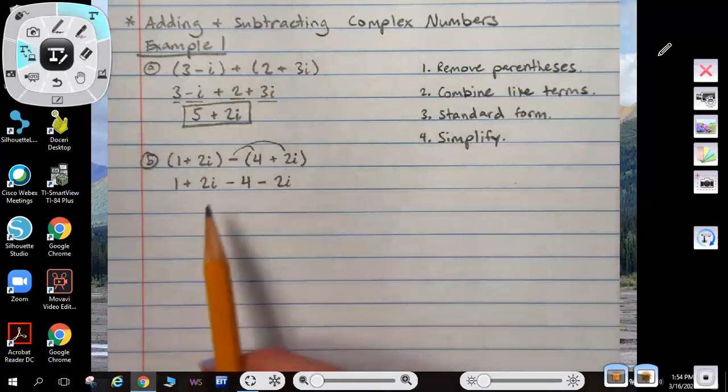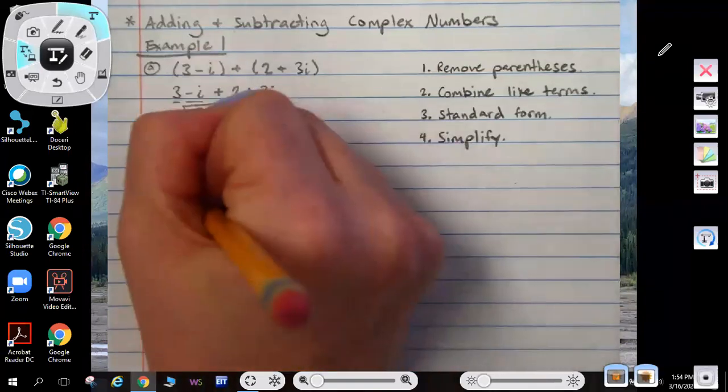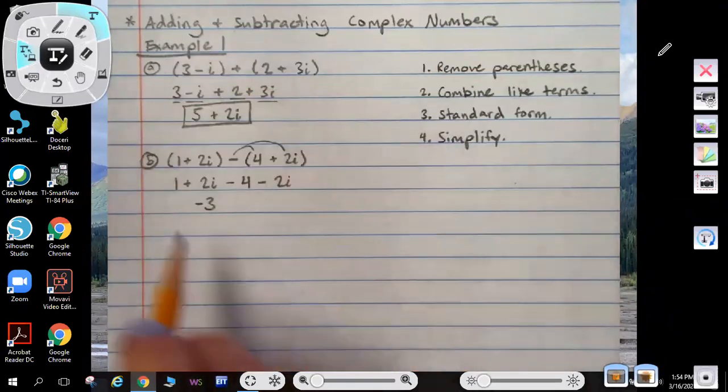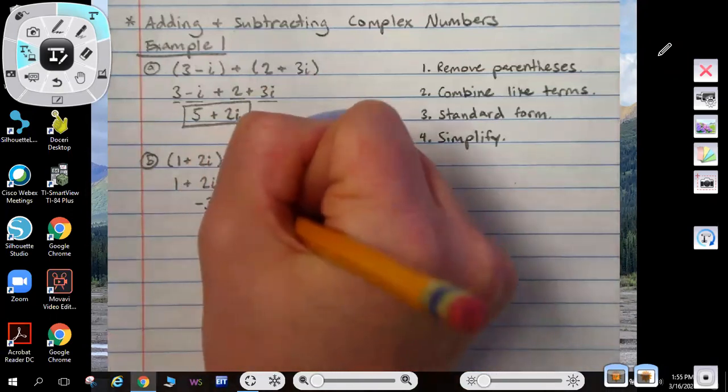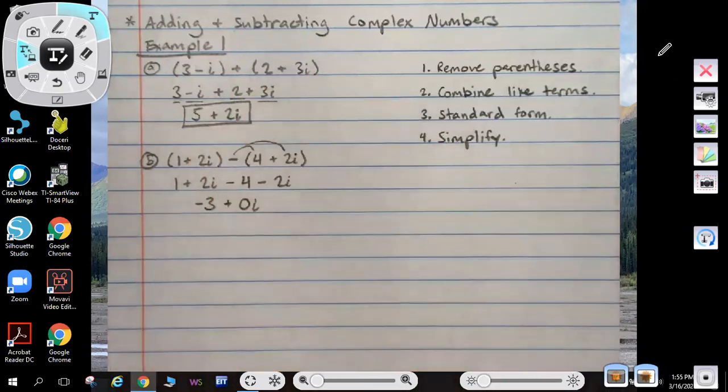Combine like terms. So we've got 1 minus 4 to get negative 3. 2i minus 2i is 0i. This is already in standard form. We've got real part first, then imaginary. Now step 4 is to simplify. 0 times i is just 0.